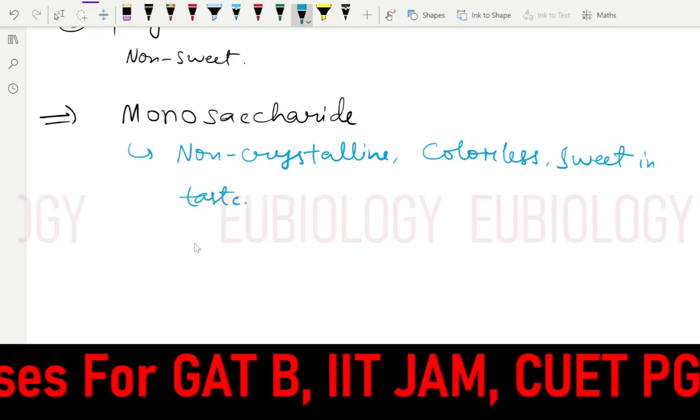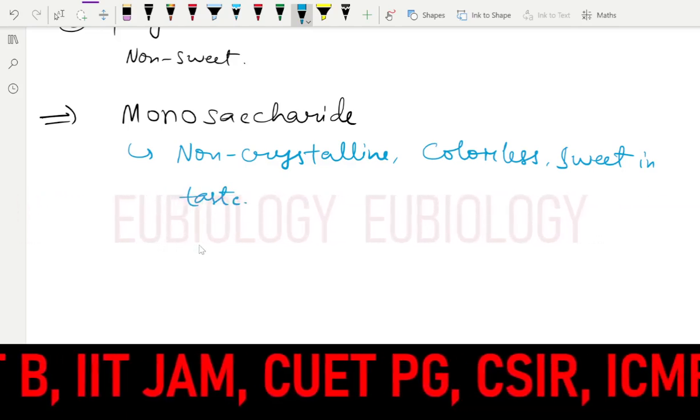These are the small points of importance about the monosaccharide.